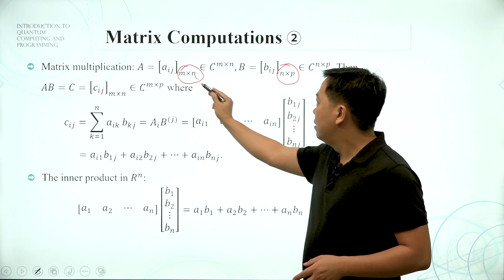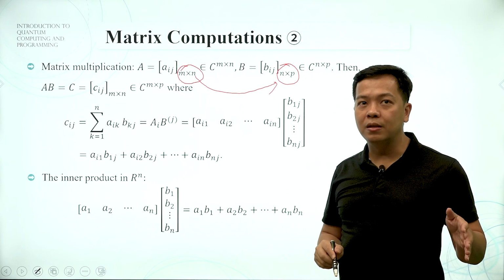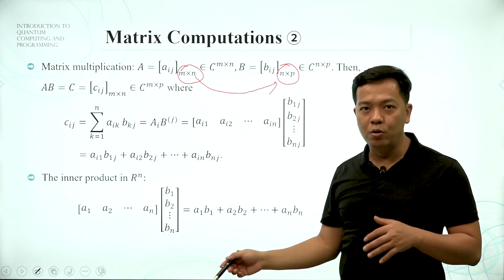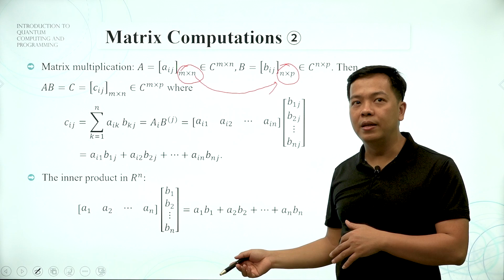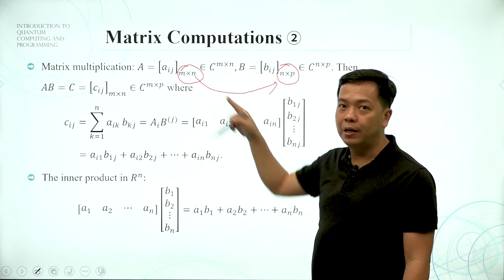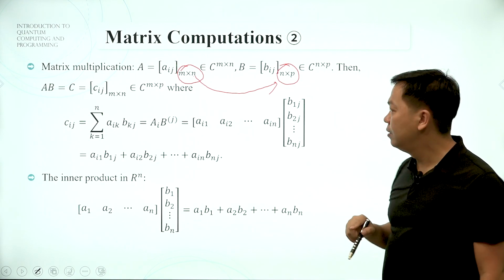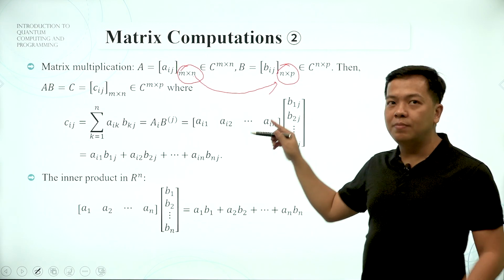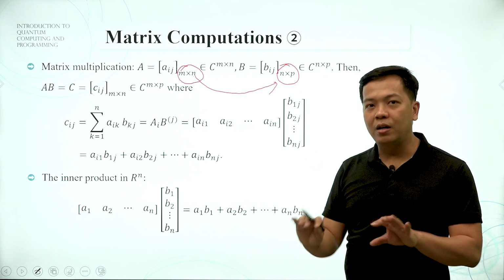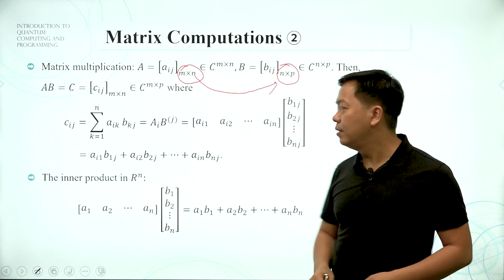The number of columns in the first matrix needs to equal the number of rows in the second matrix. If you do not match this condition, you cannot multiply two matrices, okay? That is a very important part.